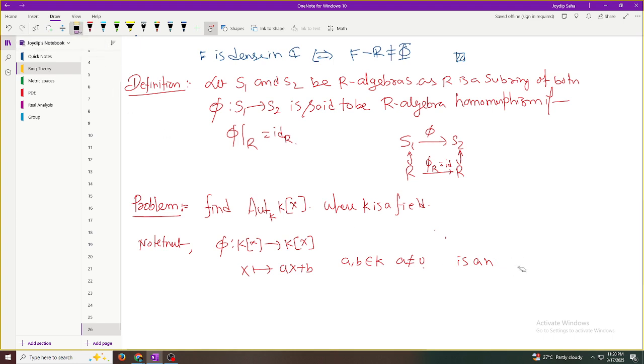I should write k automorphism, an R algebra automorphism. You check this. This is an automorphism.